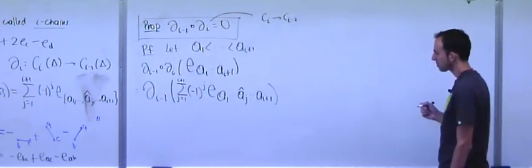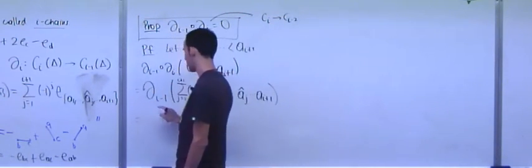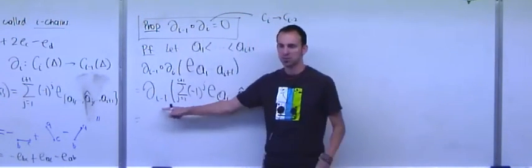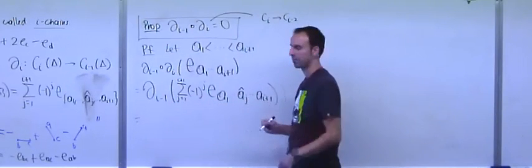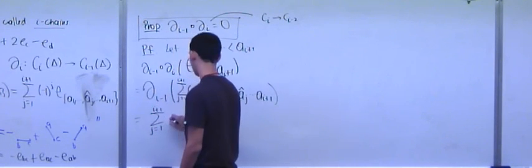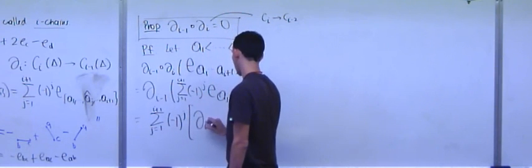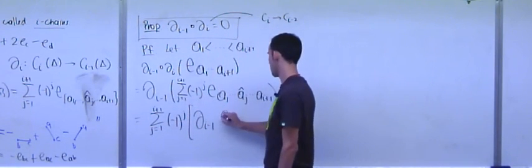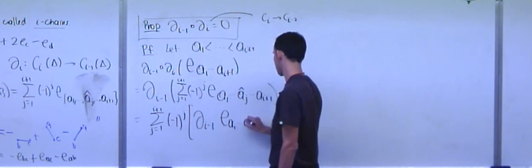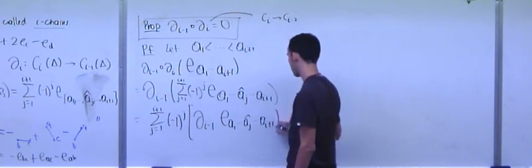Okay? Now, this is a linear map, delta_{i-1}, which means that I can make it commute with the summation. So I can just take the summation from j=1 to i+1 of (-1)^j times whatever delta_{i-1} does to e_{a_1, ..., a_j hat, ..., a_{i+1}}.